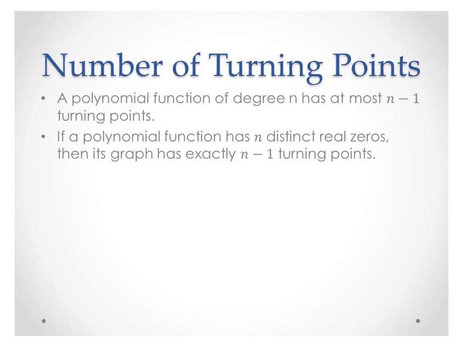If we're looking at something that has 4 zeros, for me to get to all those zeros, I had to have 1, 2, 3 turning points, which is n minus 1 turning points.